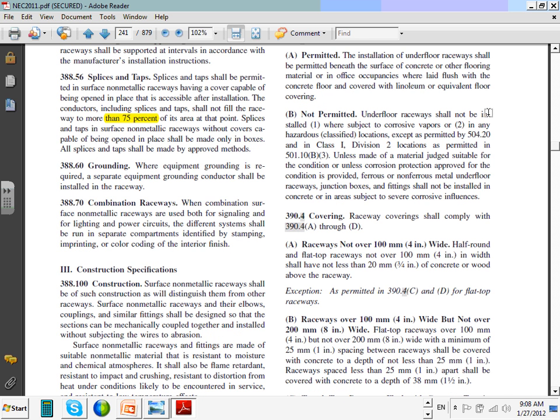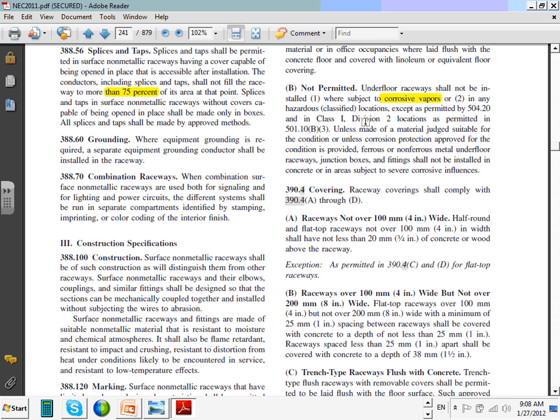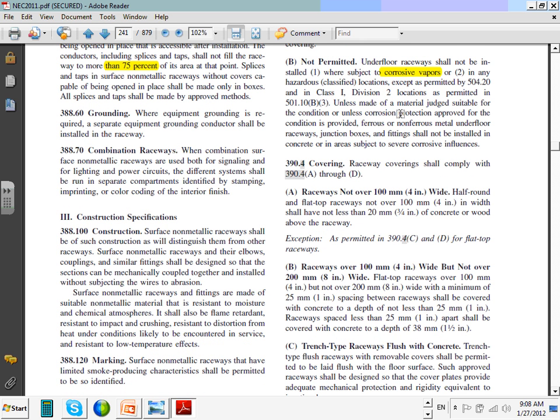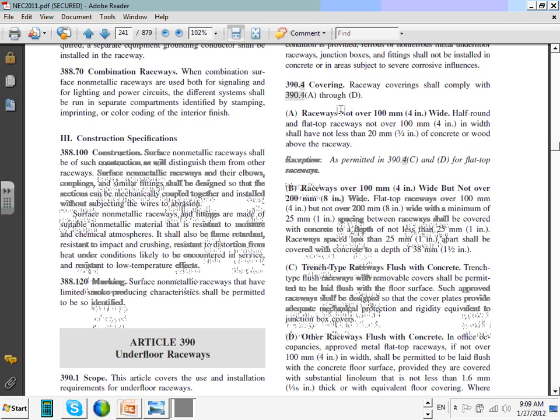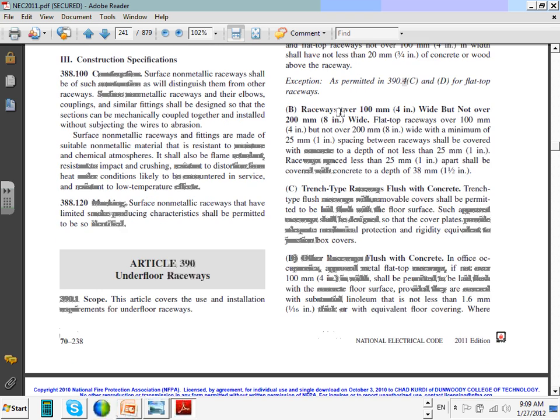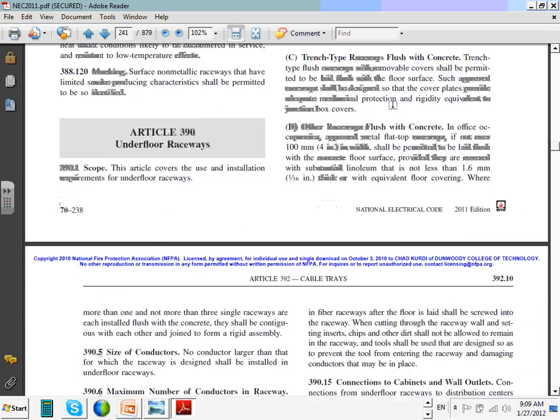Use not permitted where subject to corrosion or corrosive vapors, and that's a classified location. So basically you can use it anywhere else except in some hazardous locations. So that's basically it for that.